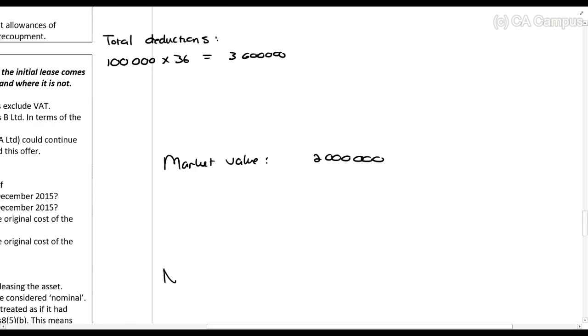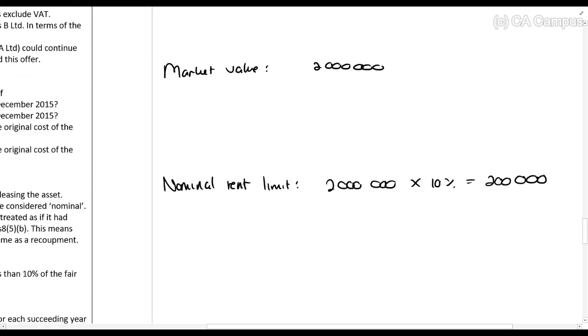It means then that the nominal rent limit, let's call it that, is 2 million rands times 10%. So 200,000 rands. If the annual rental is less than 200,000 rands, then it is considered nominal.